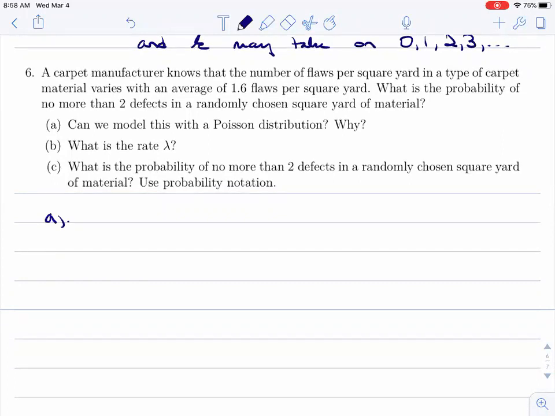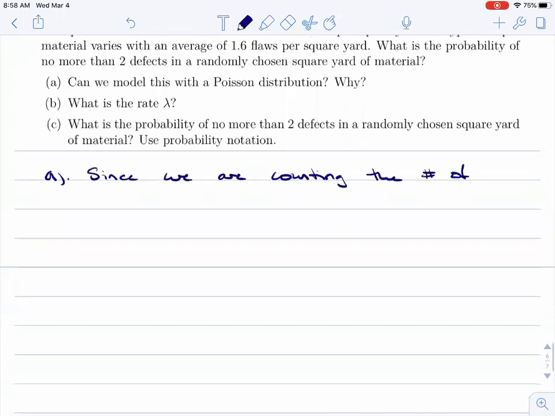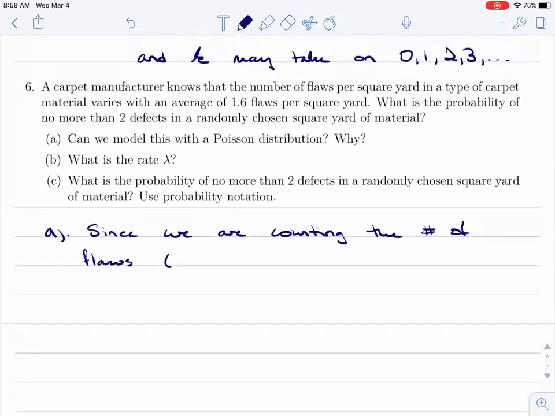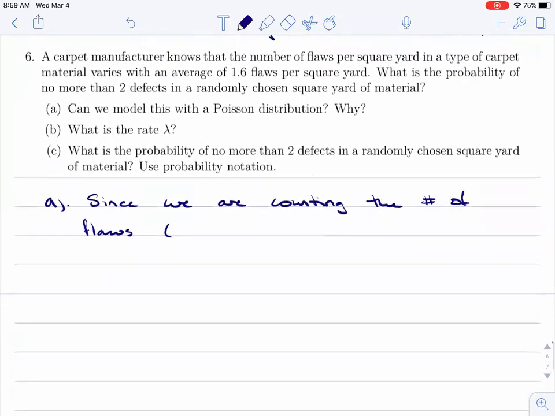And we're counting the number of flaws, right? So since we are counting the number of flaws, and what's the other assumption? The assumption is that these defects or flaws are independent of each other, right?